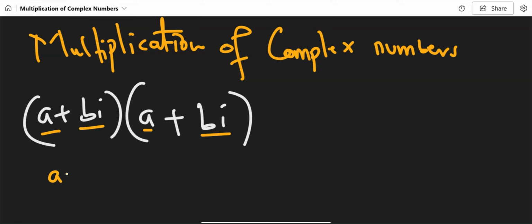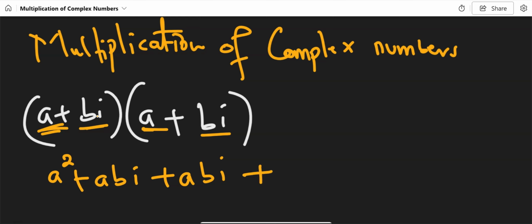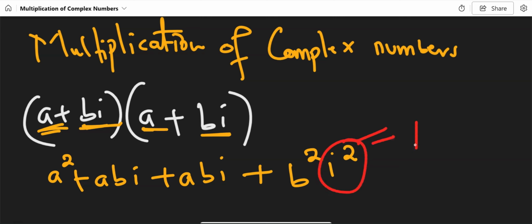So that is a squared, that is a times a, then a times bi, that is abi, added to a times bi, that is abi, then plus bi times bi, that is b squared i squared. Now the thing with complex numbers is that i squared equals -1, because the square root of -1 is given by i.